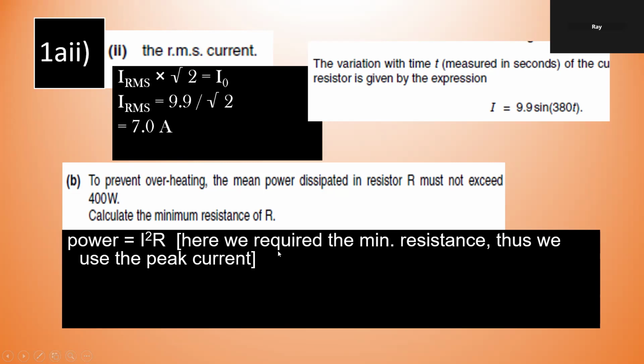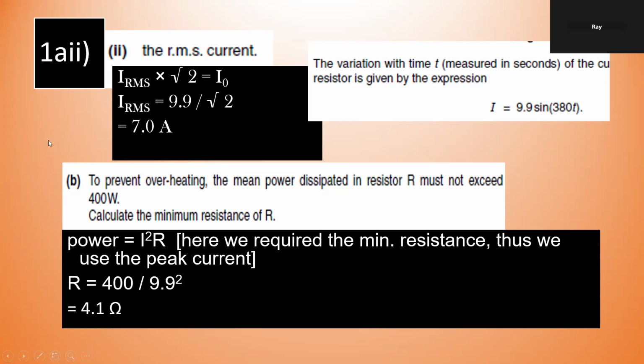8.16. Minimum resistance, thus we have a peak current. R minimum, that one is given. Which I value do you use?